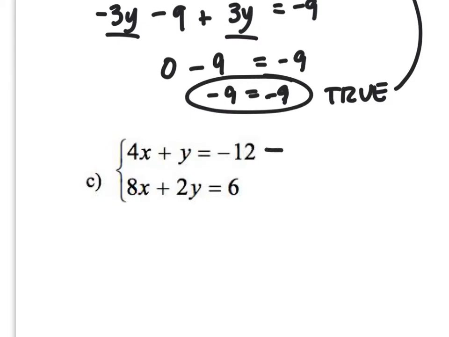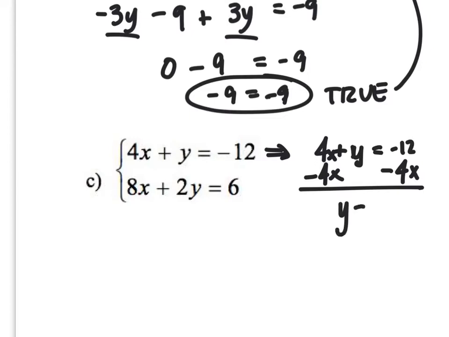So if I rewrite this equation over here, 4x plus y is equal to negative 12. I'm going to go ahead and subtract 4x from both sides. And so I get that y is equal to negative 4x minus 12. And that's good.